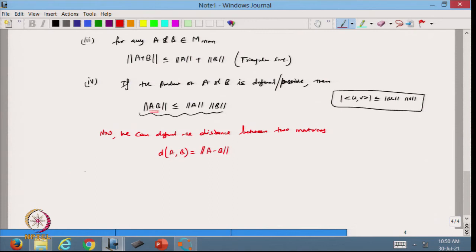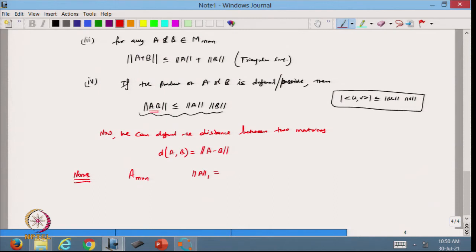First of all, I will define norms. Let me take a matrix A and suppose its dimension is m cross n. Now, I define its one norm. One norm we have also defined for vectors.